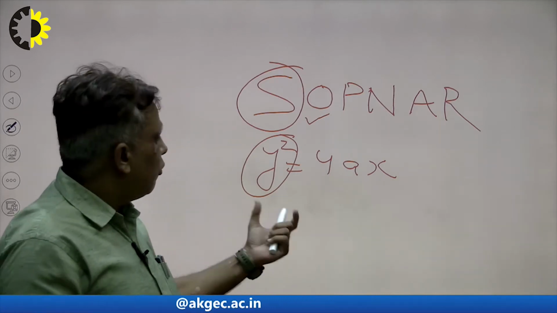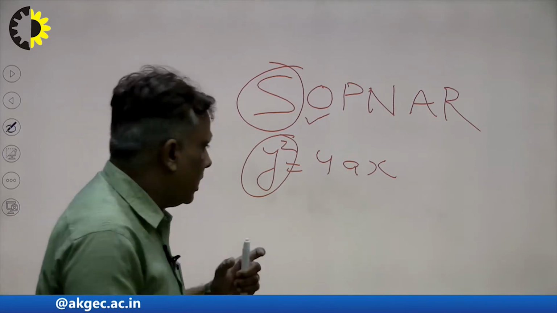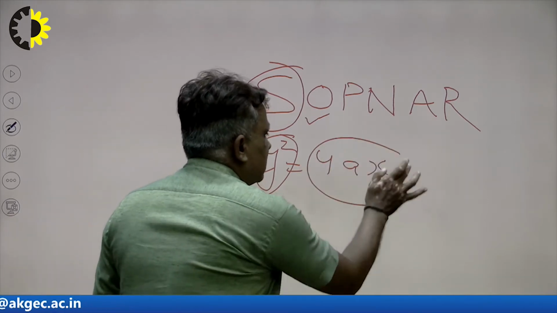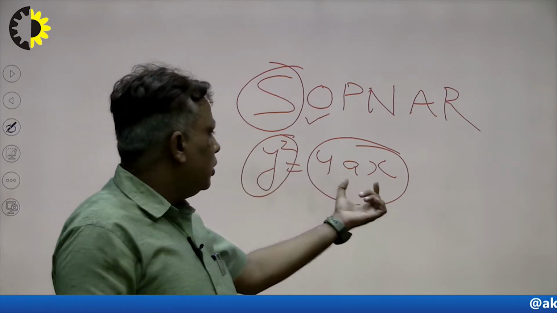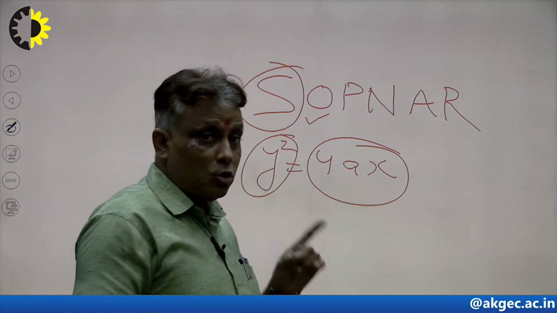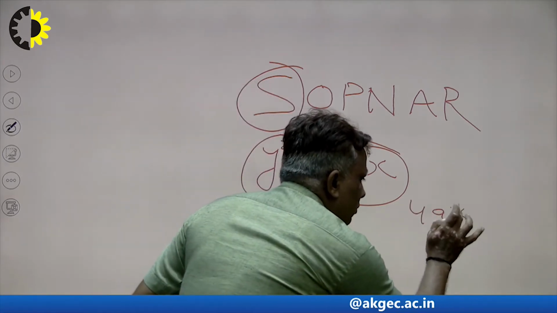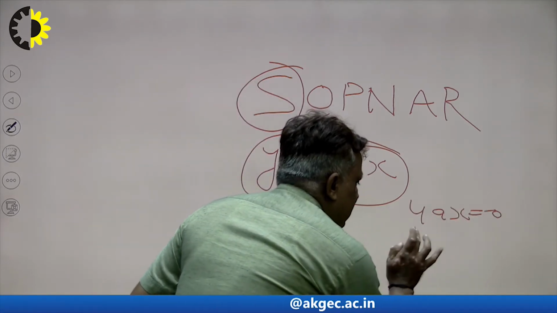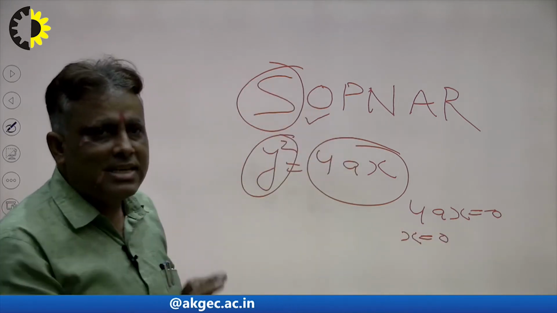We equate to 0 the lowest degree terms of the curve. Here 4ax is the lowest degree term, because the degree of y square is 2 and the degree of 4ax is 1. So 4ax is equal to 0, that means x is equal to 0, and x equal to 0 means the y-axis is the tangent at the origin.